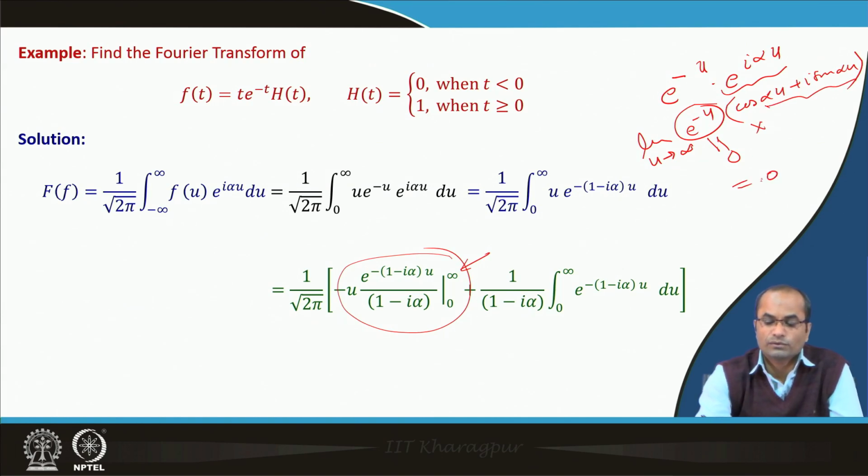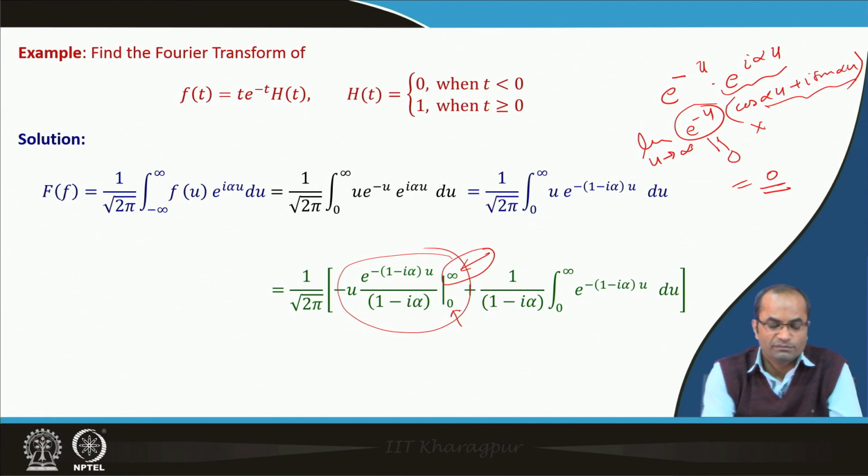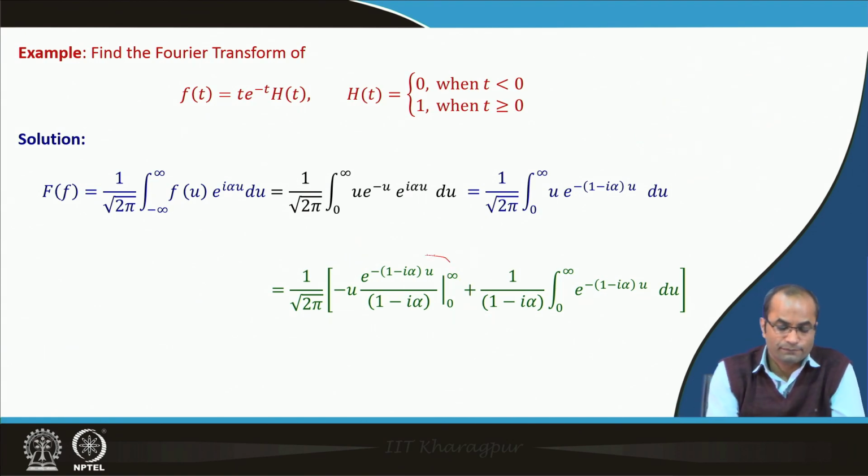So everything will go to 0. When we take the limit as u approaches infinity, this term will vanish, and also because the u is sitting there, that term will also vanish.